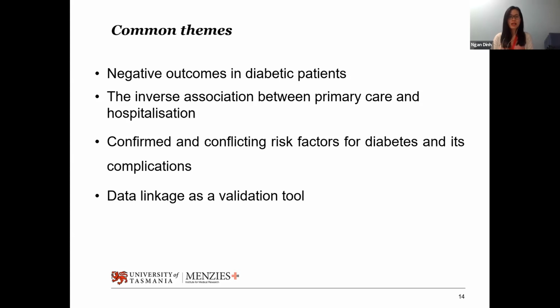And additionally, an inverse association between primary care and hospitalization was observed. And data linkage studies confirm risk factors found from previous studies and suggested conflicting risk factors for diabetes and its complications. And finally, data linkage can be used to validate data sources, diabetic models, and instruments.